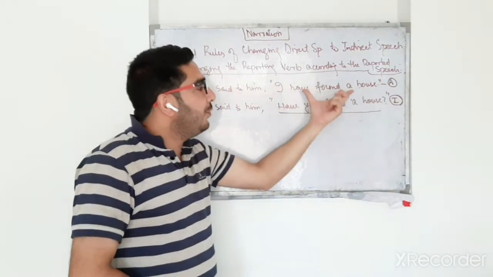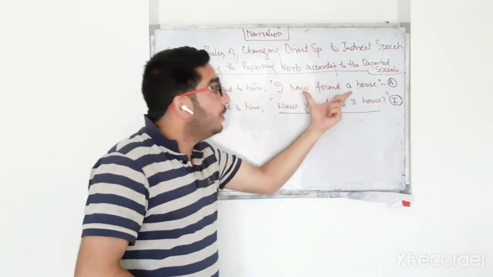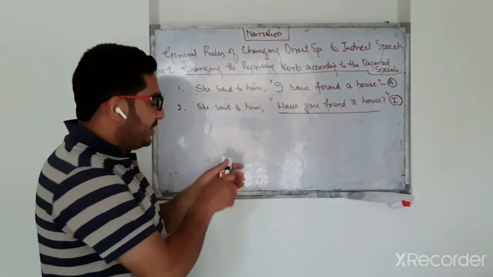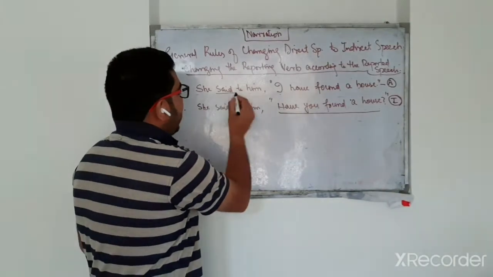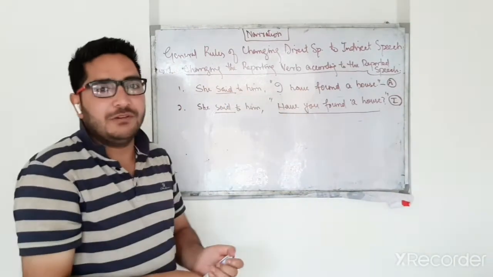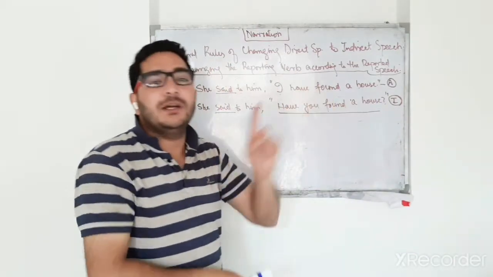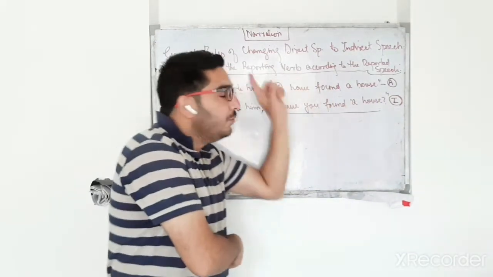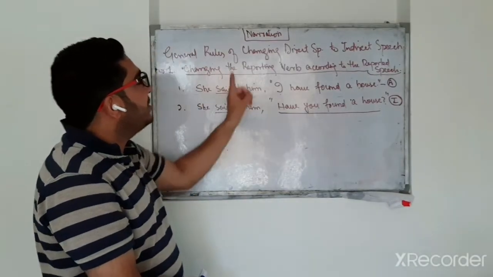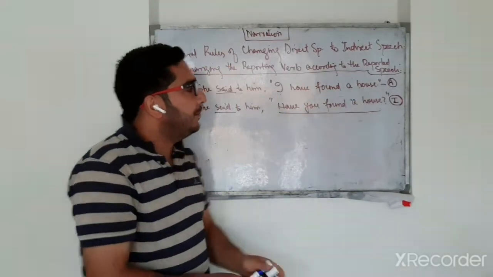So the tone, the mood of the reported speech is very necessary as far as this reporting verb is concerned. We have to change this reporting verb according to the mood of the reported speech. That is why I wrote, changing the reporting verb according to the reported speech.